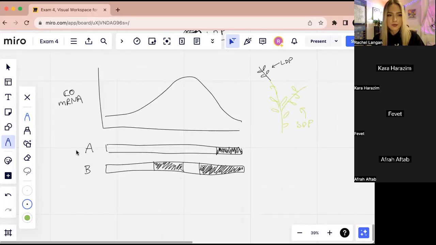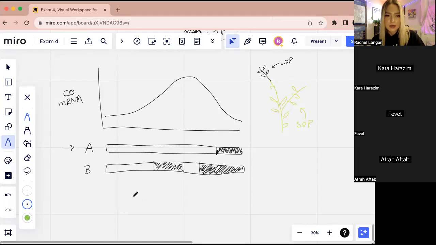So for experiment A, we have light occurring during the peak of the CO mRNA. So that means that there is the coincidence of peak CO and the PFR form of phytochrome.